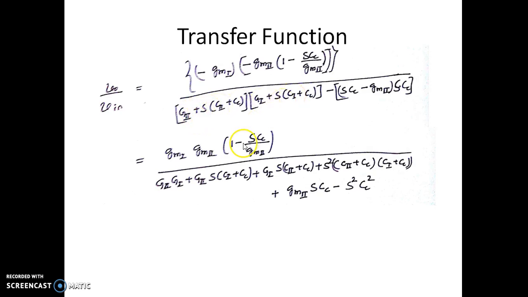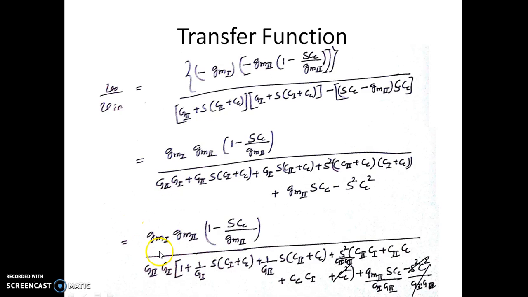Then we are multiplying this into this. That's what we have done here, and we have taken out g1 g2 as a common factor in the denominator. The first term happens to be 1, plus now we have g2 here, so g1 is left out, g1 is here, so 1 over g2 is left out.